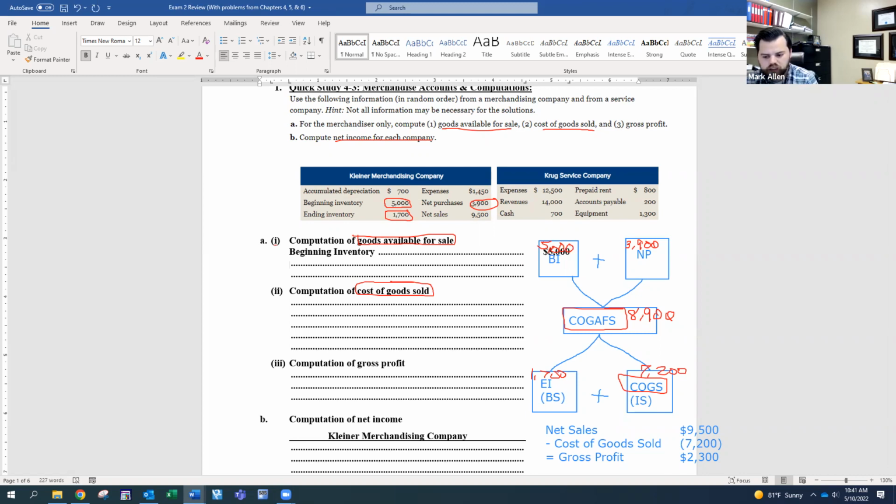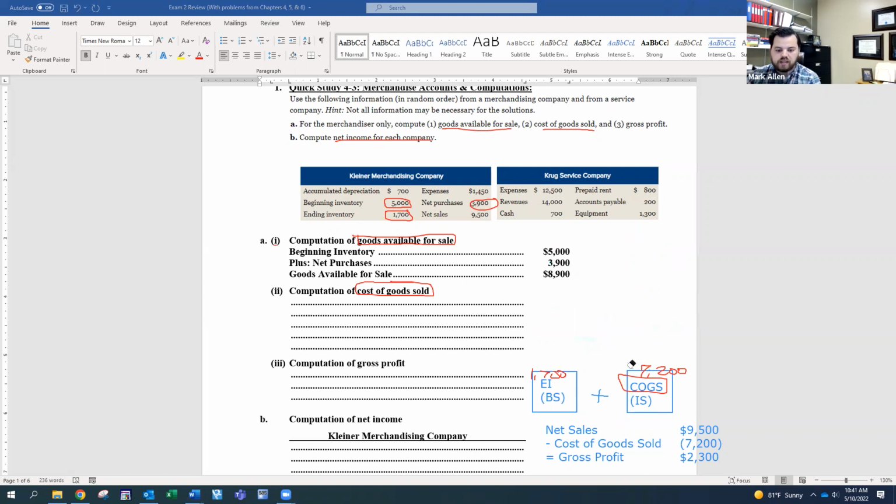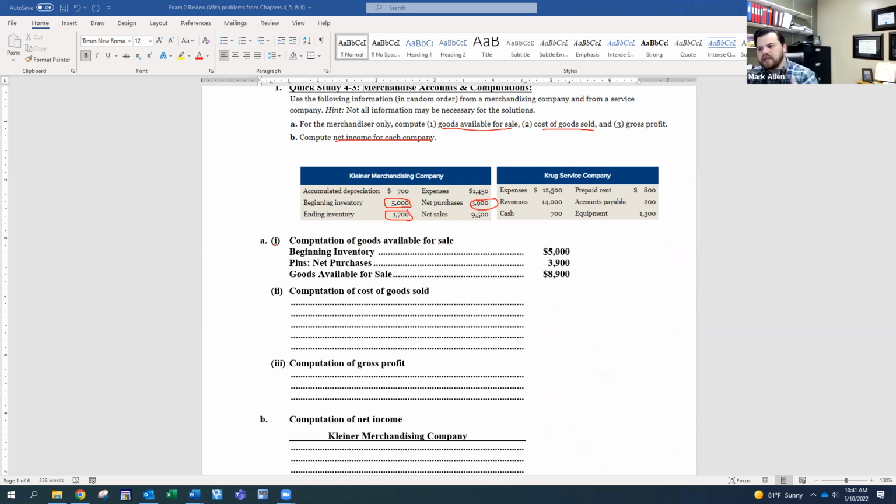Then here, of course, this is plus our net purchases, and that was 3,900, giving us, in this case, goods available for sale, 8,900. And at this point, I'm going to go ahead and erase my picture just so we can very easily see what we're typing over here. But you can see that using that picture is going to make your life substantially easier on the exam.